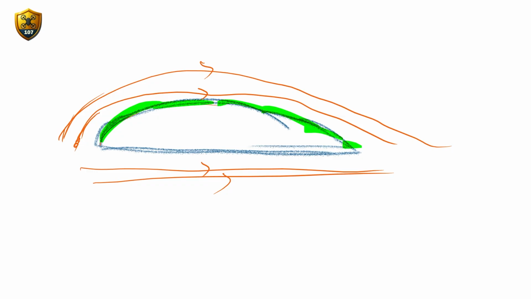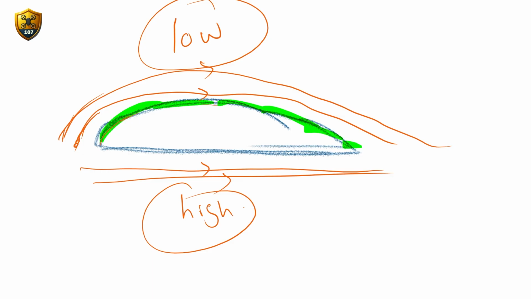So this causes the pressure at the top of the wing to become low compared to the pressure at the bottom. So we have a pressure difference, right? The pressure at the top of the wing is low and the pressure at the bottom of the wing is high. So due to this pressure difference, the lift is created.